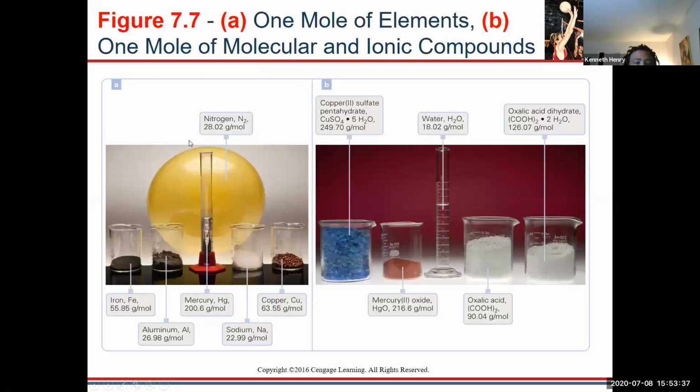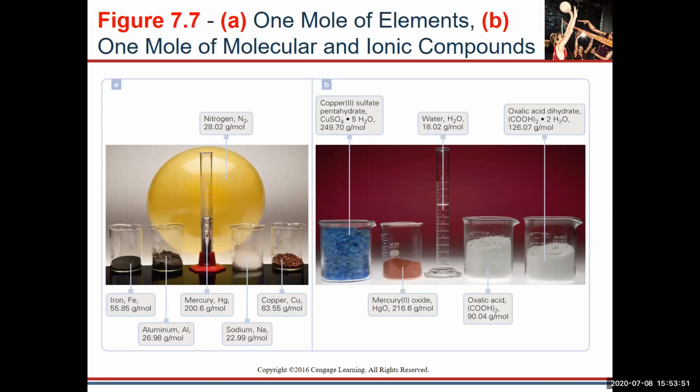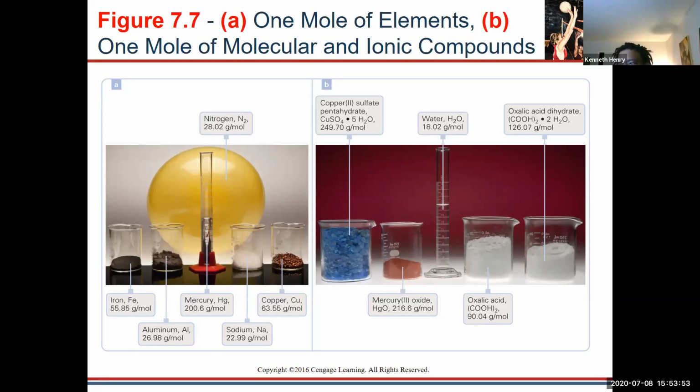Okay, so now this is something that I really want you guys to conceptually understand. On this figure here, we have 1 mole of everything. We have 1 mole of iron, 1 mole of mercury, 1 mole of copper, 1 mole of aluminum, 1 mole of sodium. But they all have different weights associated with them.